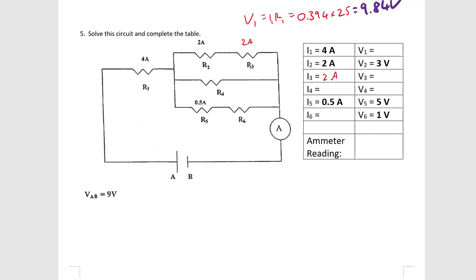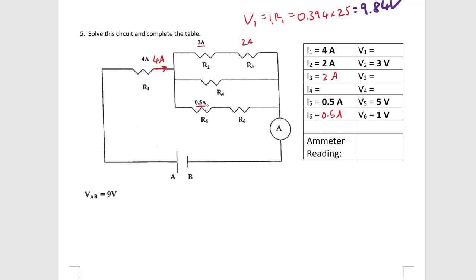I know that since there's 0.5 amps going through R5, that means there must be 0.5 amps going through resistor 6. And here's the thing though, now that I know that there's 4 amps coming through here, there's 4 amps coming through there, and there's 2 amps here, and there's 0.5 amps there.